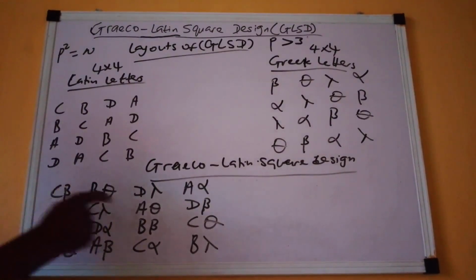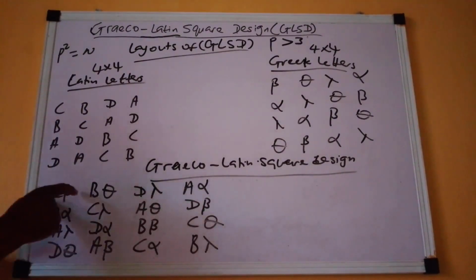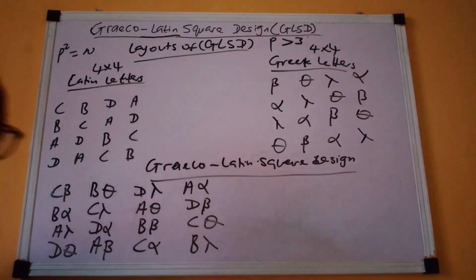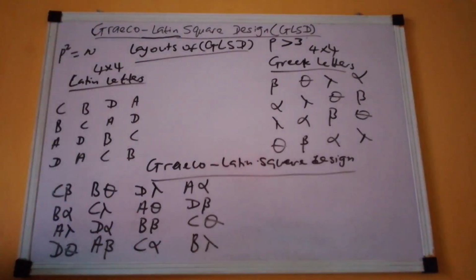So you can see the way we have paired, we have combined them, and you hardly see a combination repeating itself. You will see each combination appear once and only once in each row, and once and only once in each column. So this is how you pick the Greco-Latin square design. You can write out the layout for the 5 by 5 Greco-Latin square design, for 7 by 7, 8 by 8.